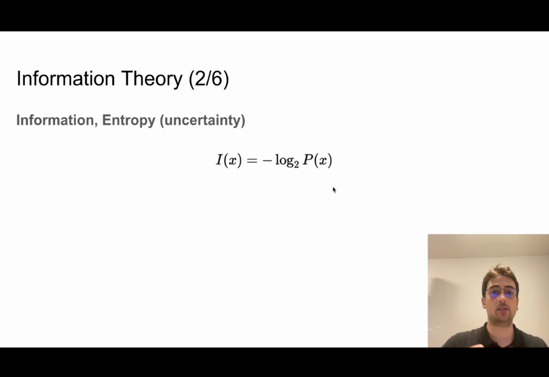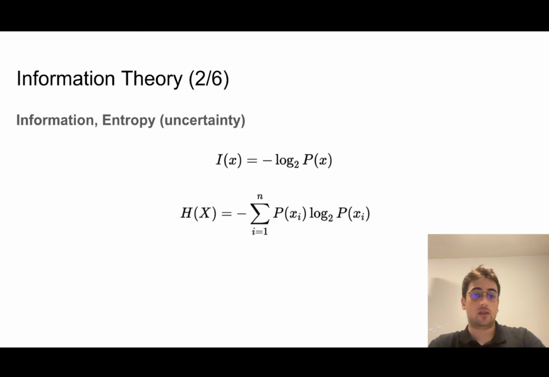Why? 1/4 is 2 to the power of -2, and -2 comes to the beginning, so it would be +2, and then this is just 1. Logarithm base 2 of 2 is 1. And if the probability is lower, the information is higher, as you can see here. So you would be more surprised, right?